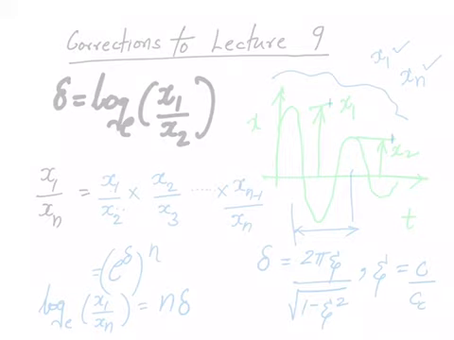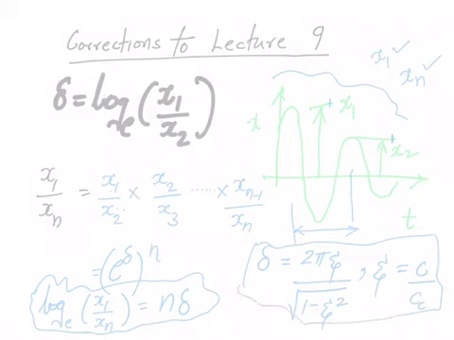Then each of these terms from this formula is e to the power delta, simple algebra. Now you have the formula connecting your logarithmic decrement and the ratio of amplitudes. That's it. So once again, apologies for the small error which I made.